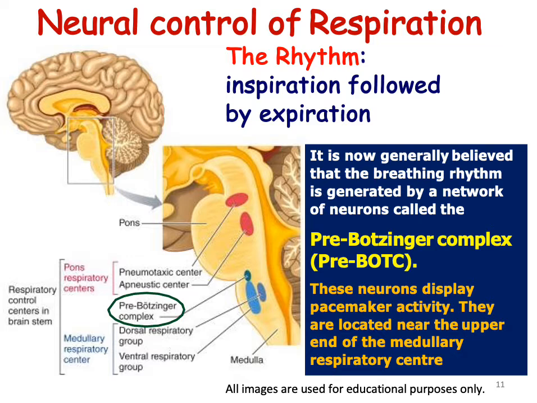So we can see here the position of the pre-Bötzinger complex, which is above the DRG, in the medulla. So this pre-Bötzinger complex becomes the pacemaker for breathing.